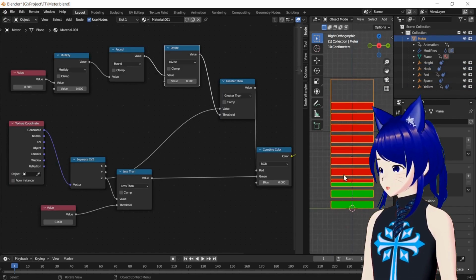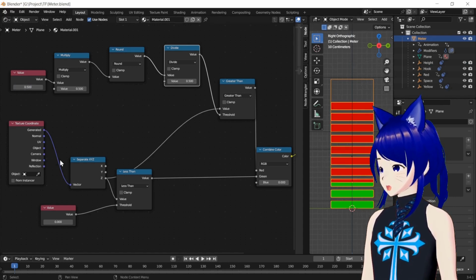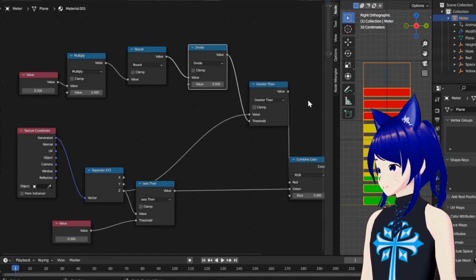And one of the things was, you didn't want the red and green to kind of go over. There we go. That's right. I was trying to figure out how to get the yellow in.